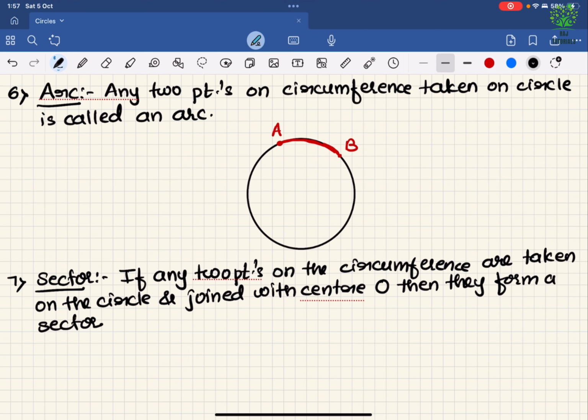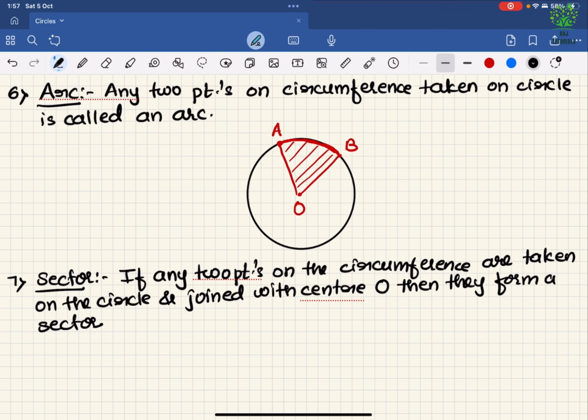Now here if I want to show the sector, I can say if this is my center O and I join OB and OA. So OB and OA are the radius of the circle. So the shaded part is nothing but my sector.